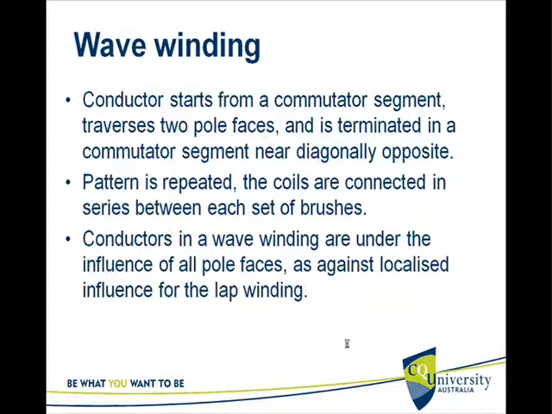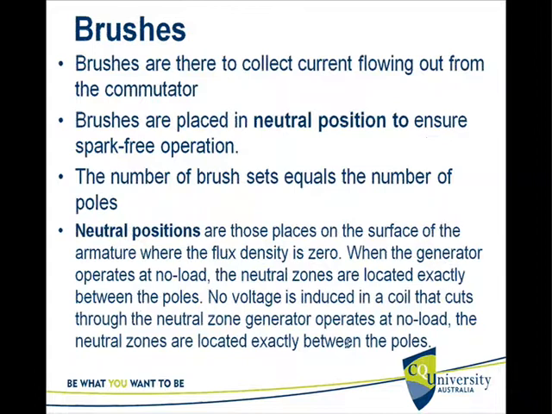The description is: a conductor starts from a commutator segment, traverses two pole faces, and is terminated in a commutator segment near diagonally opposite. So that's the difference in the wave winding. The pattern is repeated. The coils are connected in series between each set of brushes. Conductors in a wave winding are under the influence of all pole faces, as against localized influence for the lap winding. So that makes the difference between the wave winding and the lap winding.